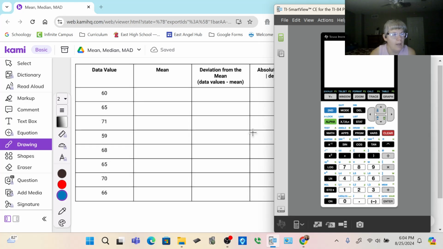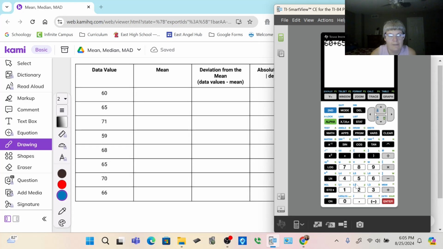So if I pull up my calculator here, we're going to add 60, 65, 71, 59, 68, 65, 70, and 66, for a total of 524.